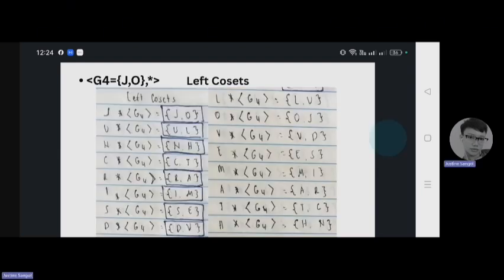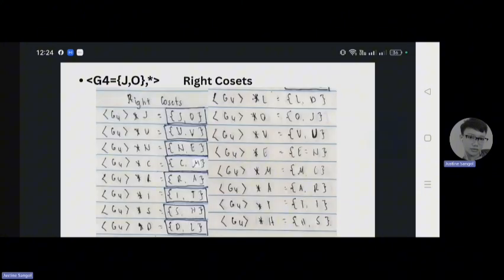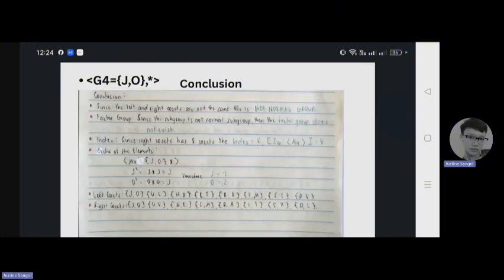So subgroup G4 is equal to J, O under operation star. So just like kanina, this is the left cosets and this is the right cosets. And here is the conclusion for subgroup G4.